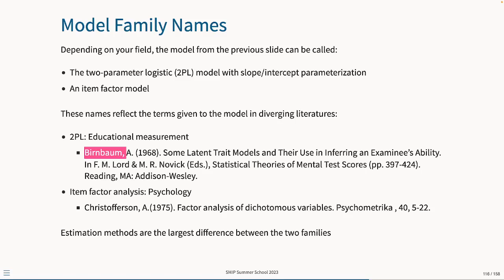No, anyway. And then the second area was item factor analysis, which I particularly like this paper by Christoffersson in 1975, factor analysis of dichotomous variables. And I would say, interestingly, estimation methods are the biggest difference between the two areas. Not in Bayes. In Bayes, both are very similar, but we didn't have as much Bayesian estimation that we have now, the methods for it, back when these papers were published.